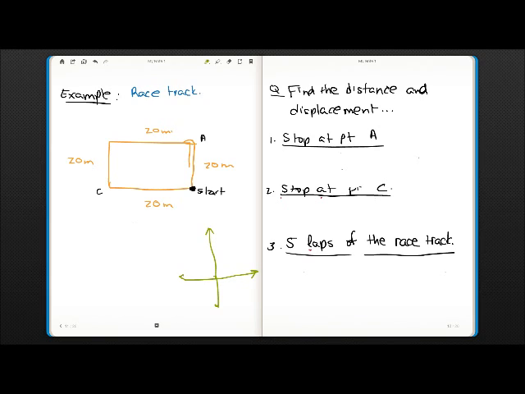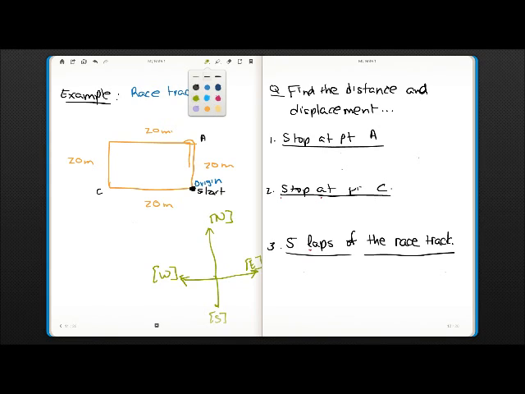So let's go with north, south, east, and west. Up is north, down is south, east, and west, and let's make the start point the origin. So change color, blue, and say this is the origin. Pretty much we won't be using south in this at all.